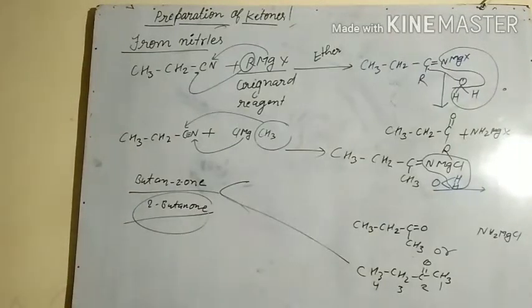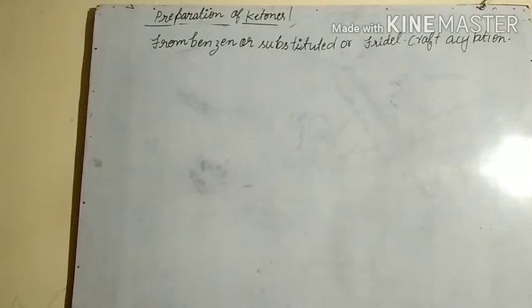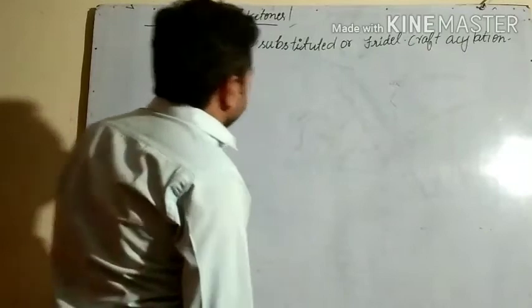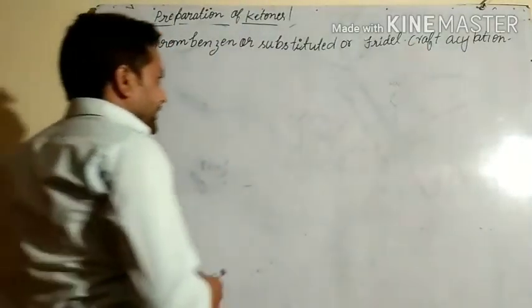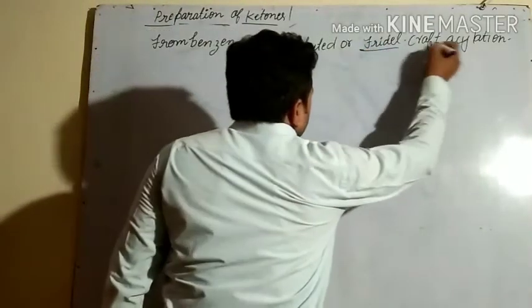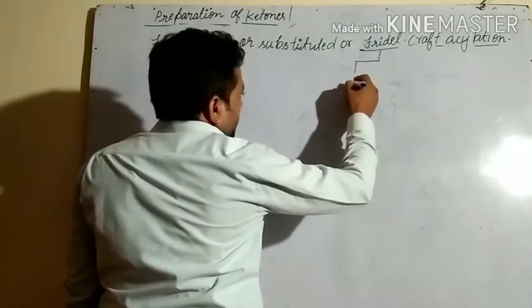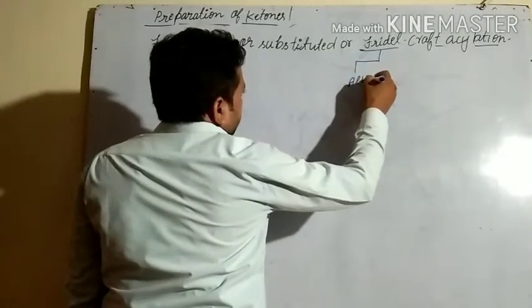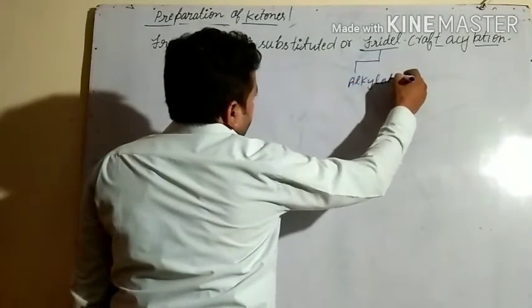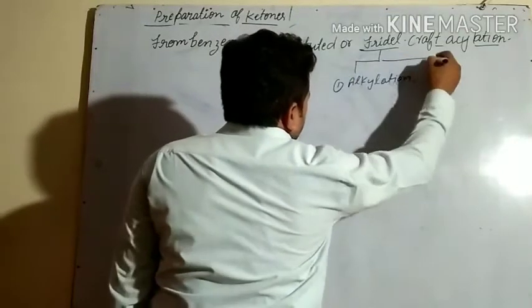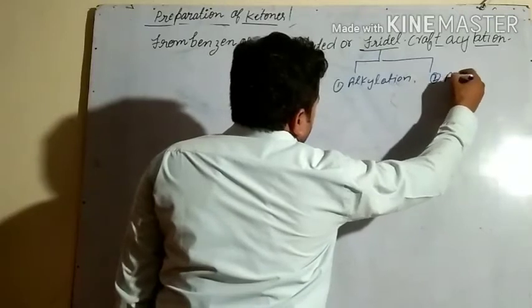Next is the Friedel-Crafts reaction. So from benzene or substituted benzene, Friedel-Crafts acylation. You might have studied that Friedel-Crafts is of two types: alkylation and acylation.